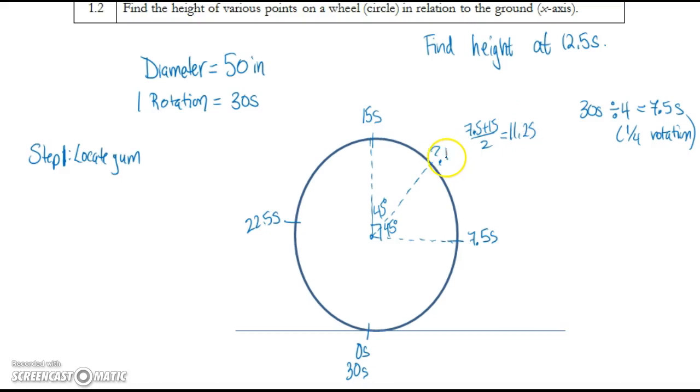So exactly halfway would be 11.25, and that's not the time we're looking for. It's 12.5 seconds that we're looking for. So because it's not exactly halfway, we're not going to be using our 45, 45, 90s. Okay? So I'm going to erase this and see, well, if it's not halfway, let's try thirds.